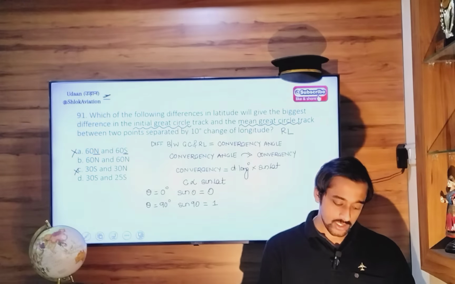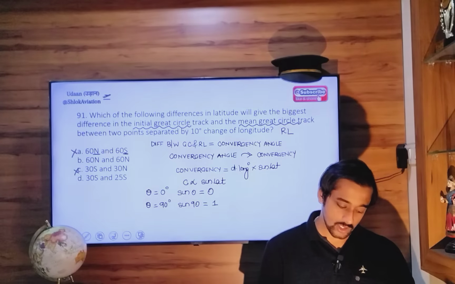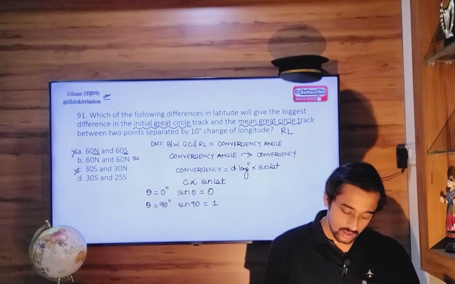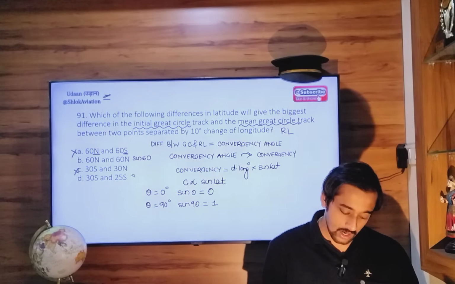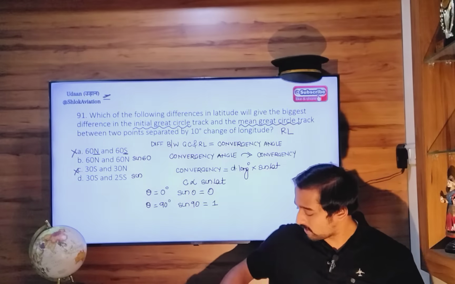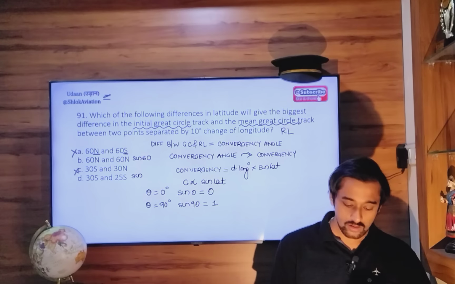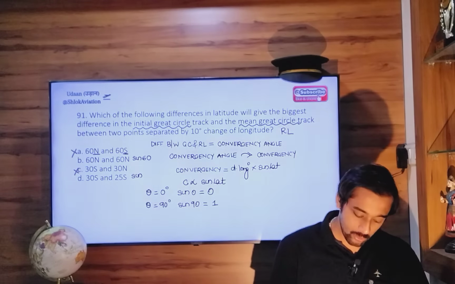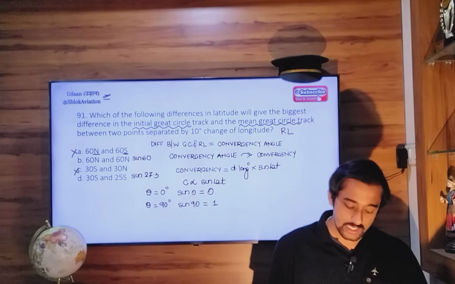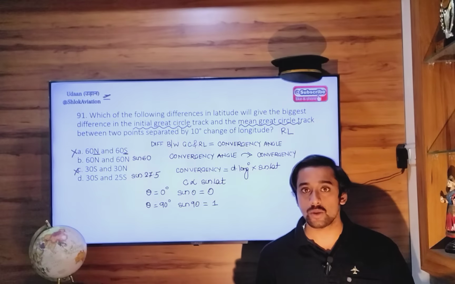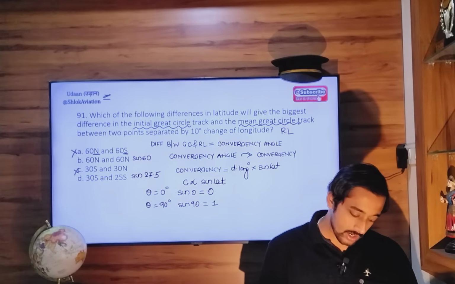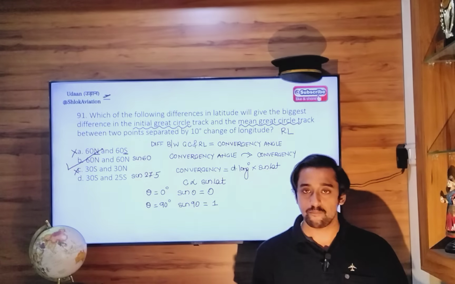So sine 60, and 30 south, 25 south. So 30 and 25 mean is 27.5. So obviously sine 60 will be more than sine 27.5. So correct option will be option Bravo.